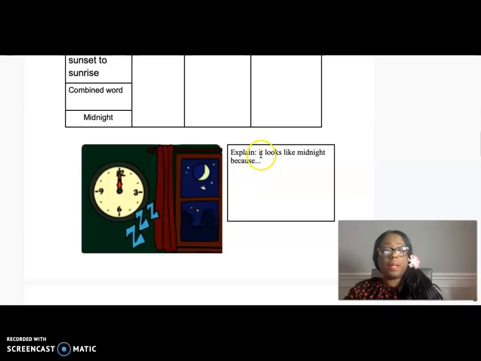So I can explain that it looks like midnight because it is dark outside and the clock says 12 o'clock.